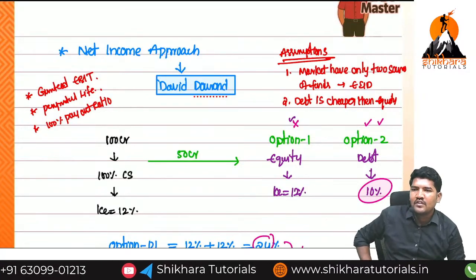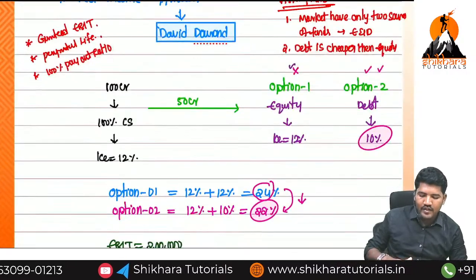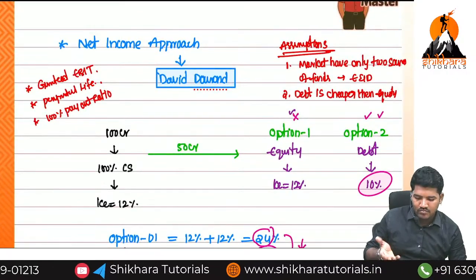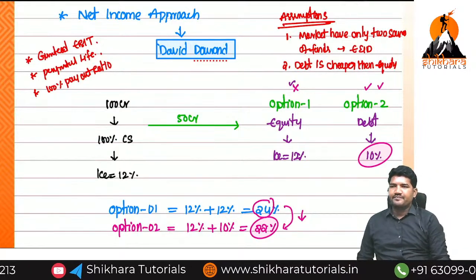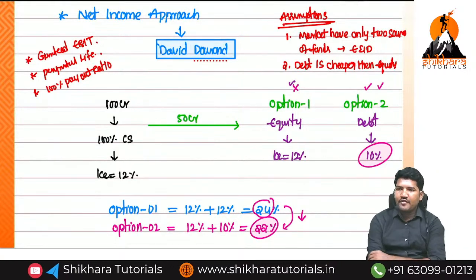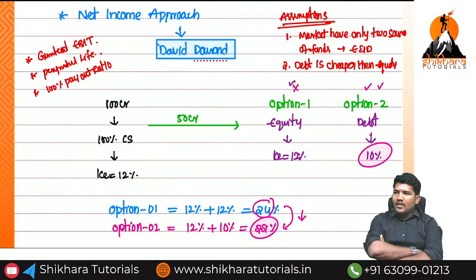Now, when it comes to the definition, go with the net income approach point. Debt is a cheaper fund.